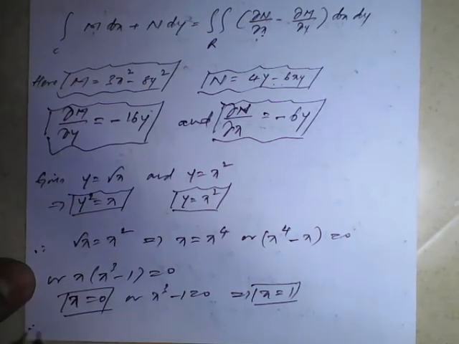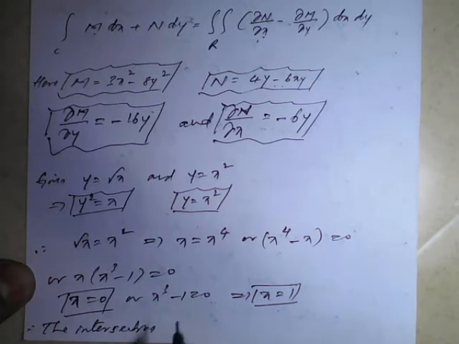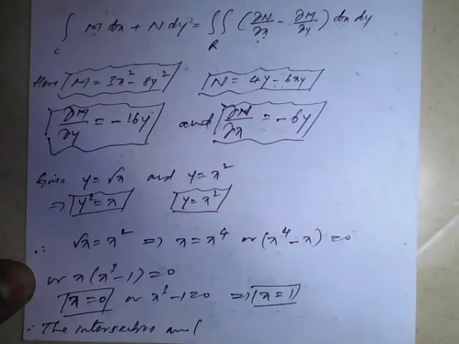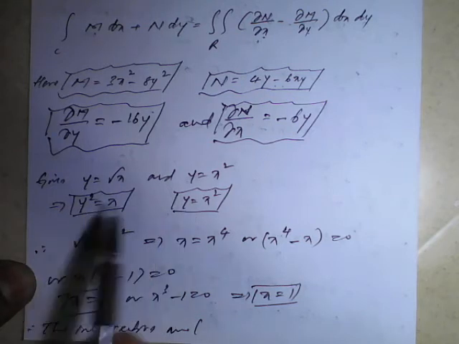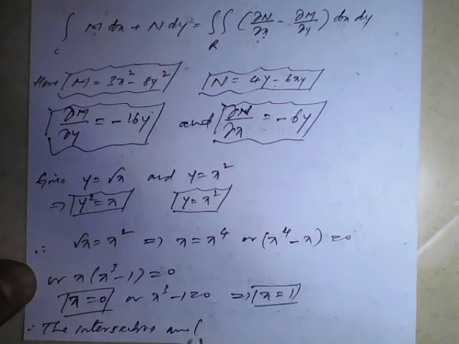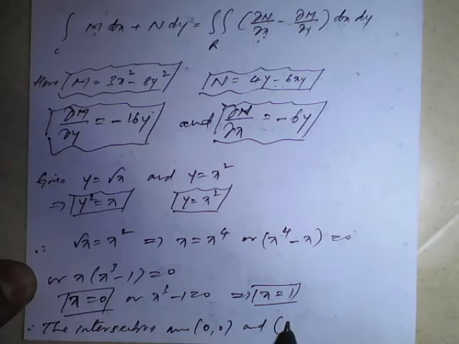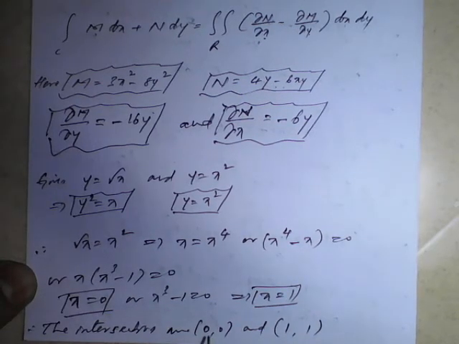Therefore the intersections are, if you put in either equation x = 0, y will become 0, and similarly when you put x = 1, y also becomes 1. So the intersection points are (0, 0) and (1, 1).